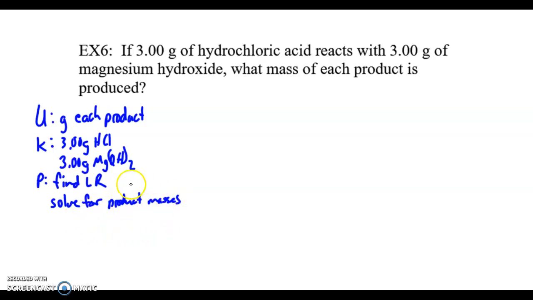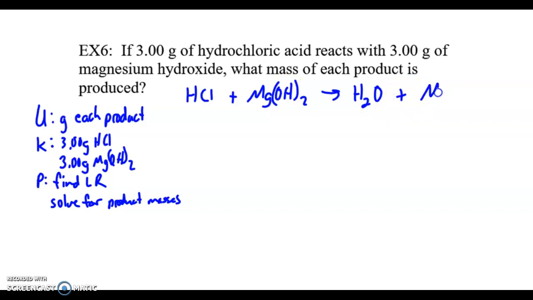To find the limiting reactant, we're going to need a reaction so we can do stoichiometry with this. I could have included that in the plan too, but anyways, let's write that out. So HCl plus magnesium hydroxide yields water, always a product of an acid-base reaction, at least one that has hydrogen and hydroxide in it.